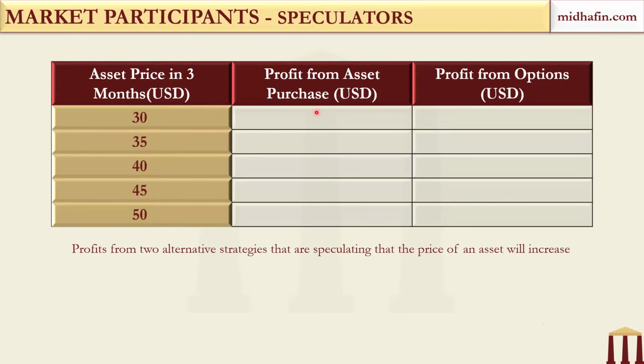Now in the first case, what is your profit from only asset purchase? If you invested in stocks only, what is your profit? Remember, 300 stocks, 40 was the initial price. What is your profit? Of course, it will be negative. How much negative? 3,000. 3,000, correct.